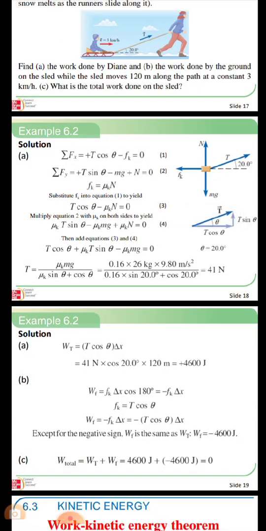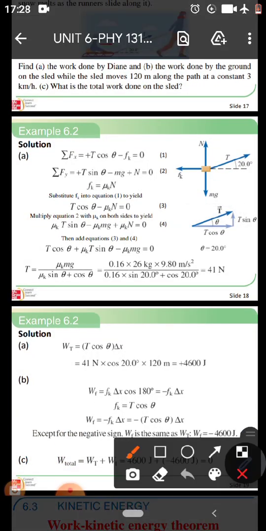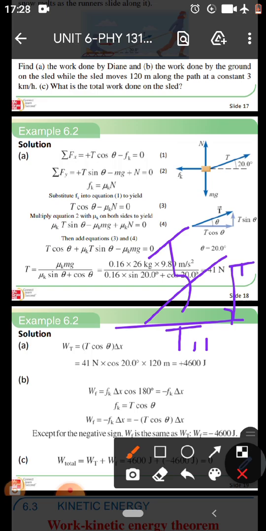Now that we calculated the force due to the rope, or the tension, because now we have T, we need to determine the component in this direction.